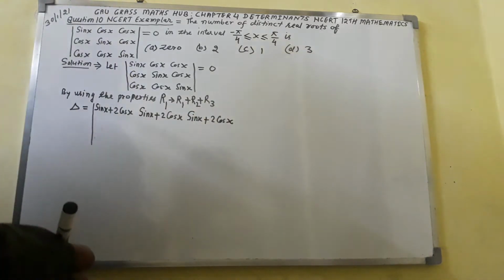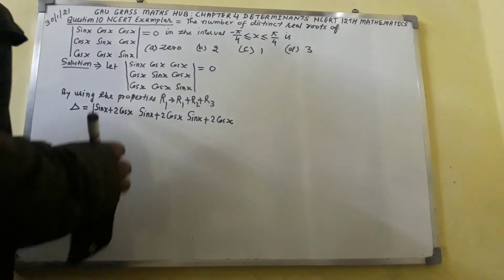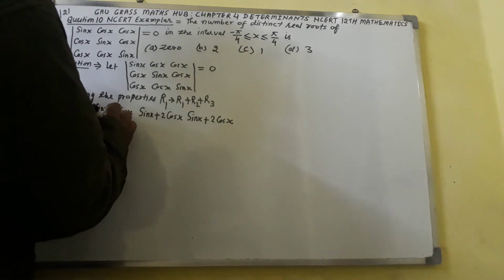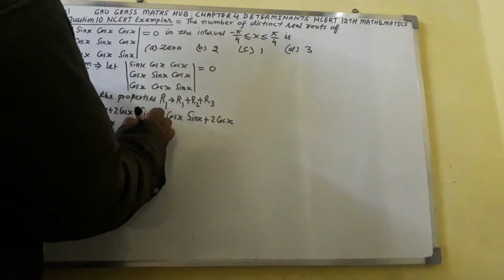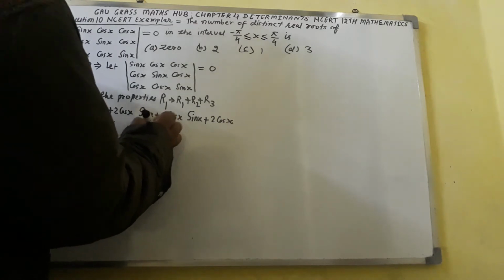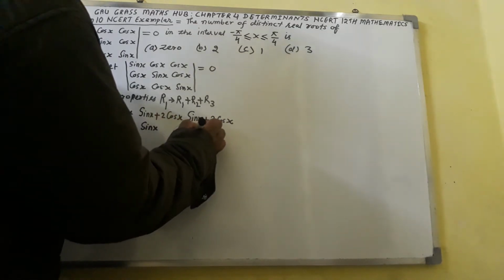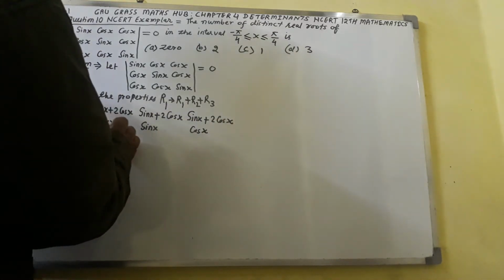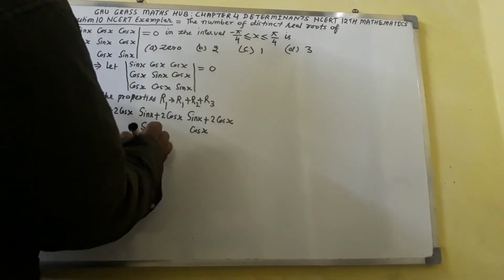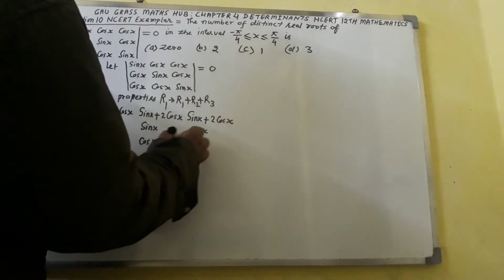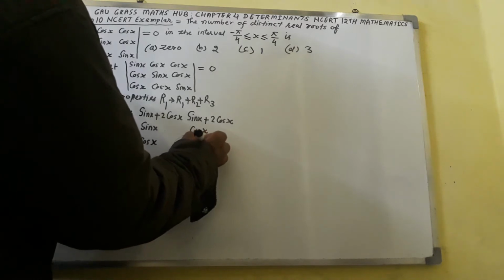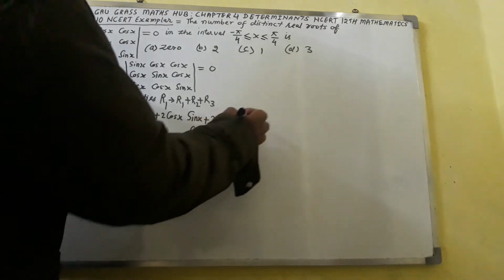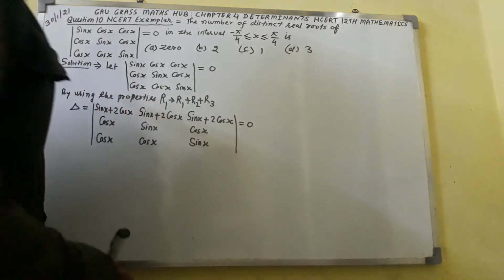And the elements of second row will become cos x, sin x, cos x. Elements of third row will become cos x, cos x, sin x, equal to 0. You can write.